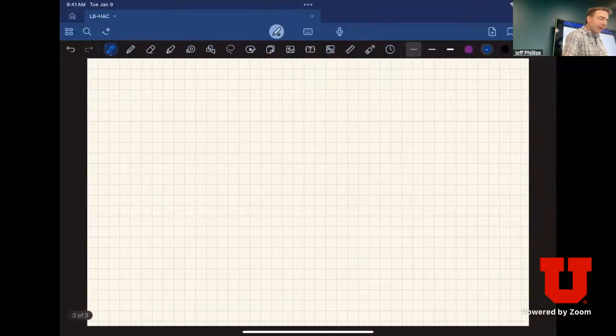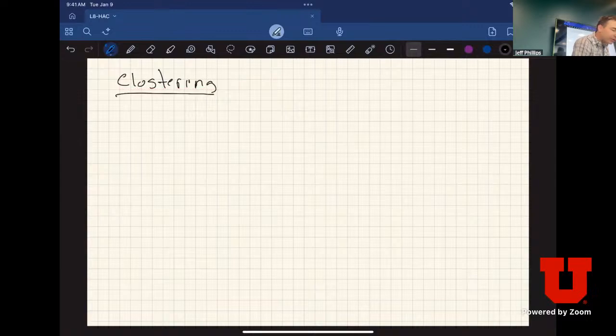So to say this a bit more, for clustering, we're going to assume that the input consists of three things. It's going to consist of the data, we'll say this X, and this will be a subset of some space.